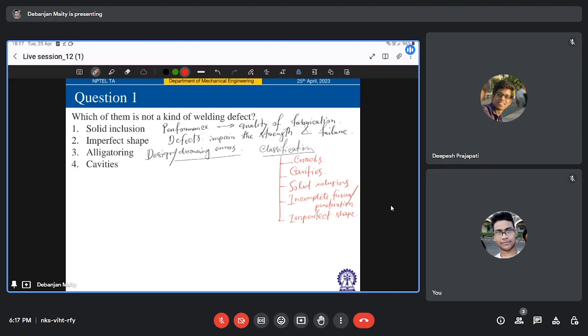If you are not having proper shielding from the environment, there may be some gaseous pickup or dissolution of gases in the weld. Many a time some gases have very high solubility at very high temperature and very low solubility when the temperature drops.